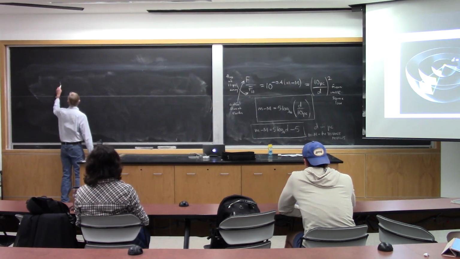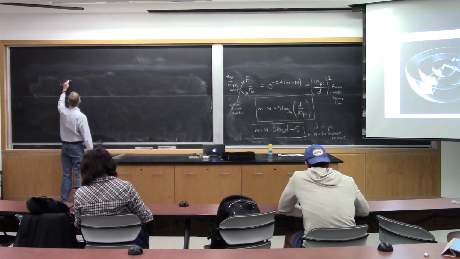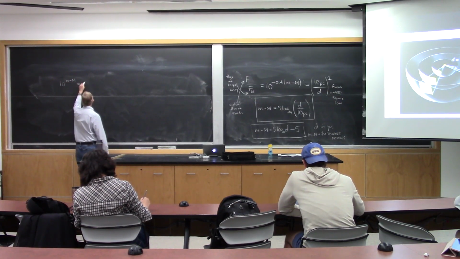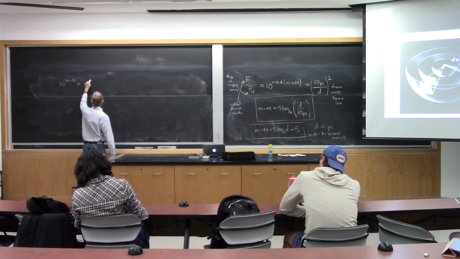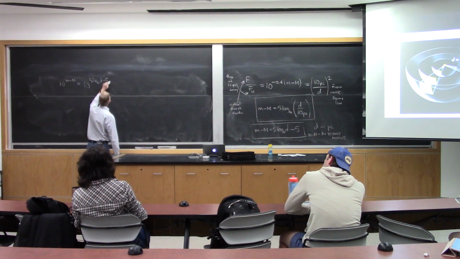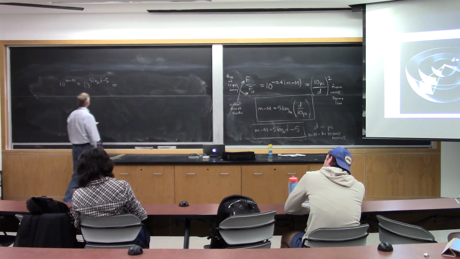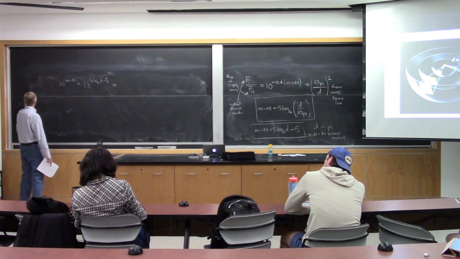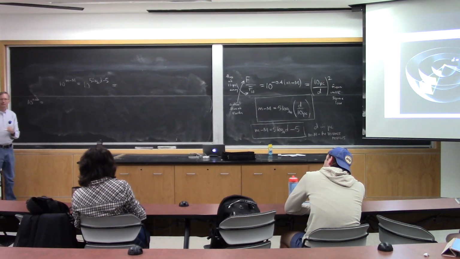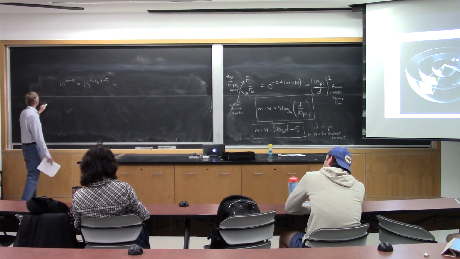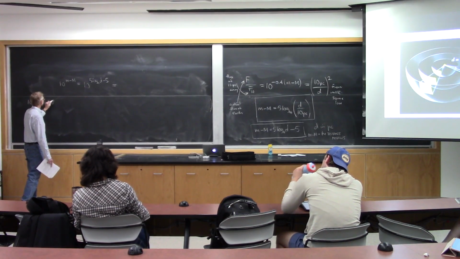So 10 to the power of little m minus big M is equal to 10 to the power of 5 log d minus 5. Okay, so now what do I do? If I have 10 to the a plus b, how can I write that as a product? 10 to the a times 10 to the b, right?